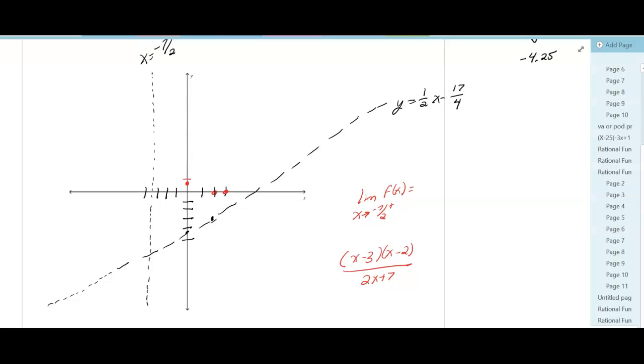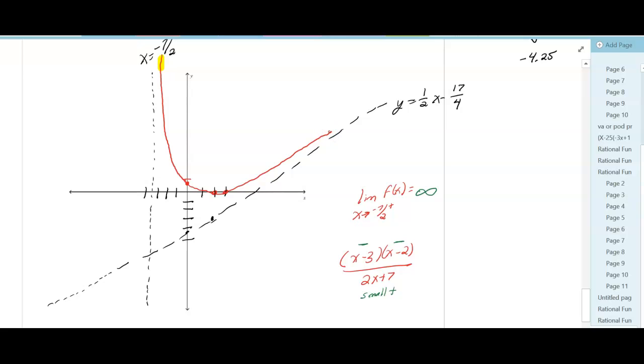If you approach a number a little bigger than -7/2, this number is negative, this number is negative, this number is going to be a small positive, so this is going to go to infinity. Some of you may not have needed to do that, but the graph starts at the top here where I put the yellow highlighter, comes down, hits the y-intercept, goes through those two x-intercepts, and approaches the asymptote.